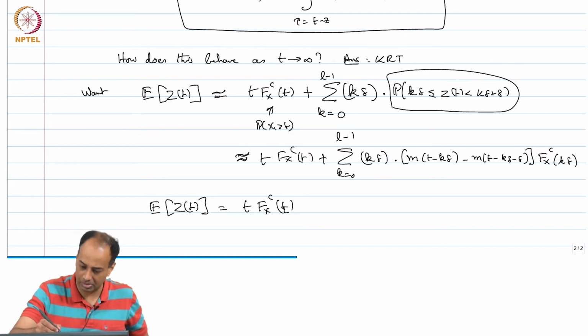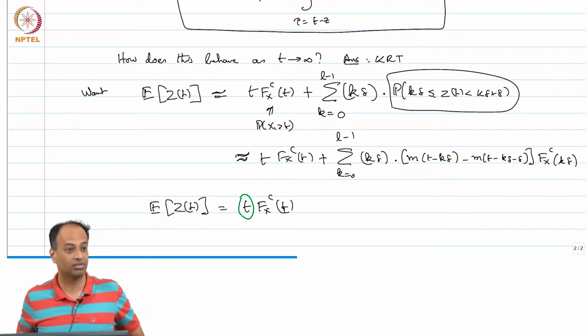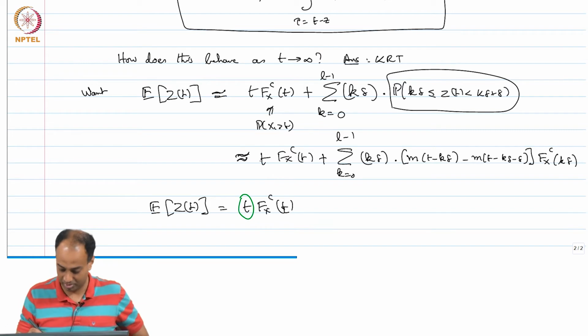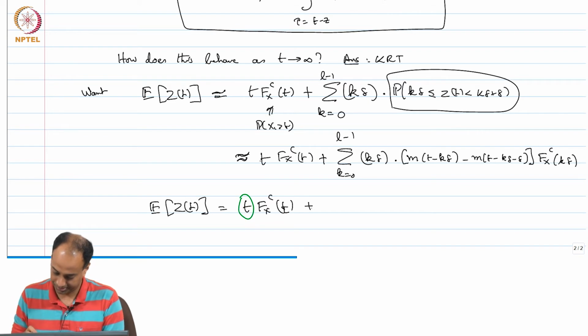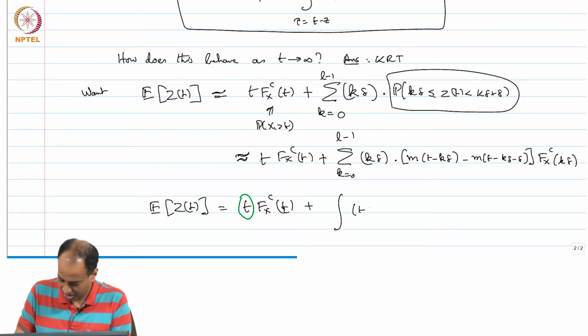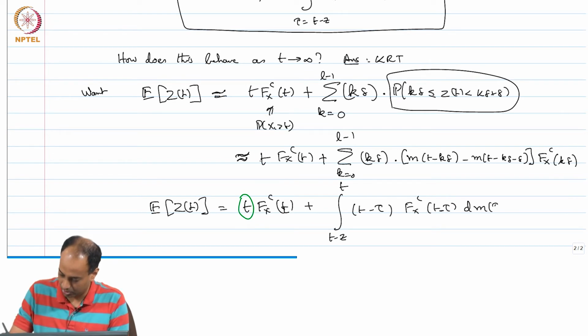I think Gallager's book is missing this t, please just take it out, I think there should be a t here, plus the integral of u F_X complement of u dm(t minus u). Similarly, it will become the integral from t minus z to t of (t minus tau) F_X complement of (t minus tau) dm(tau).